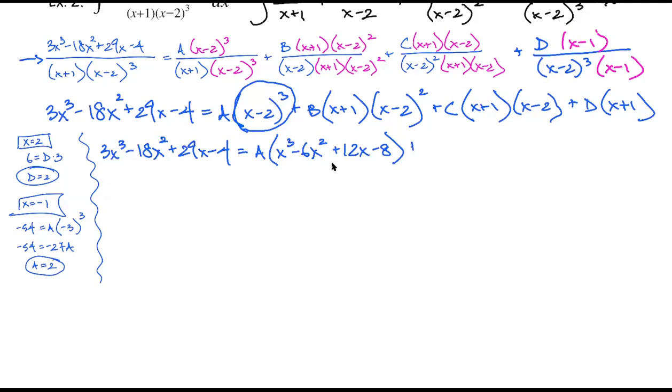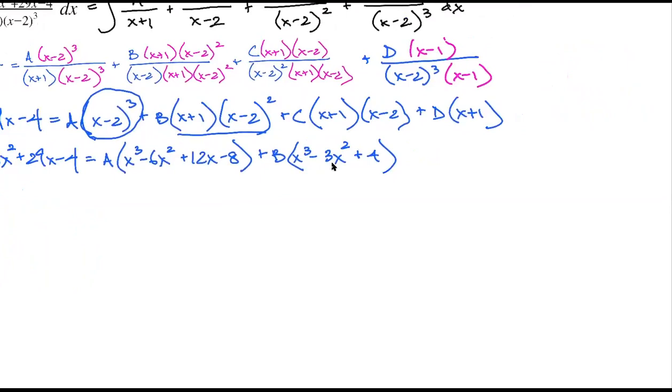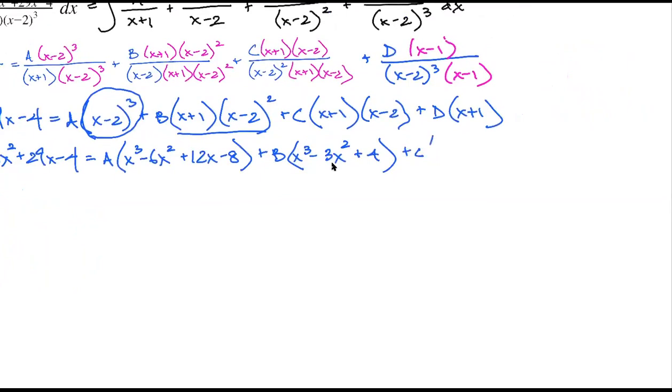And when I FOIL everything out for the b term, I end up with x cubed minus 3x squared plus 4. And when I multiply out the c term, I end up with x squared minus x minus 2. And when I multiply out the d term, it's just d times x plus 1. Okay.